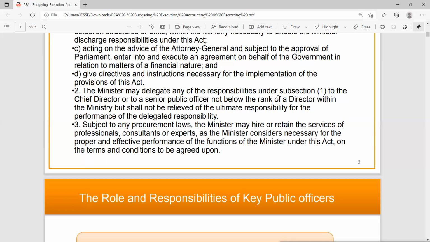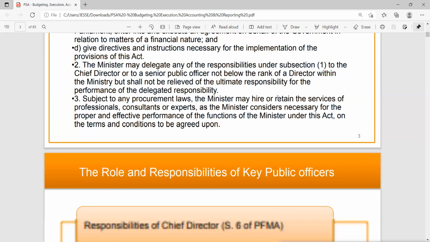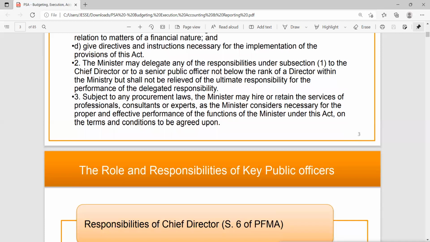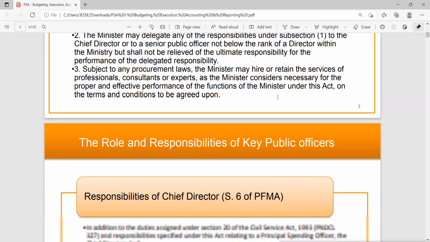The minister can solicit the services of professionals, consultants, or experts, subject to any procurement laws. Because the procurement laws will define the hiring or procurement of those services.